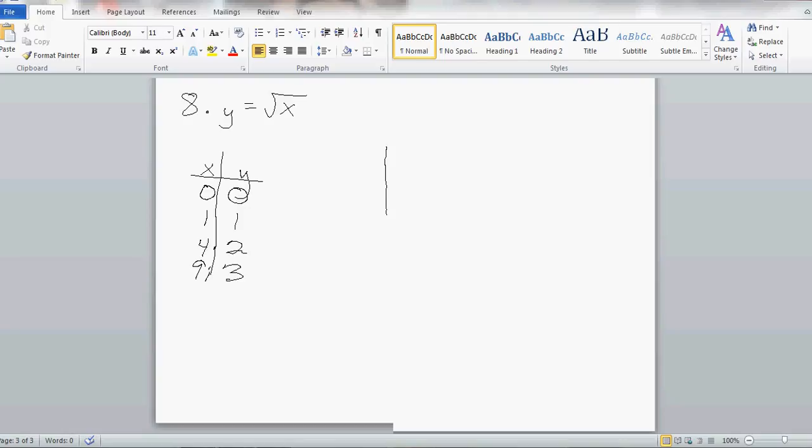And so all I have to do is to graph those points, and realize this is not a straight line, it's a nice curved line as such, and that is the curve of y equals the square root of x.